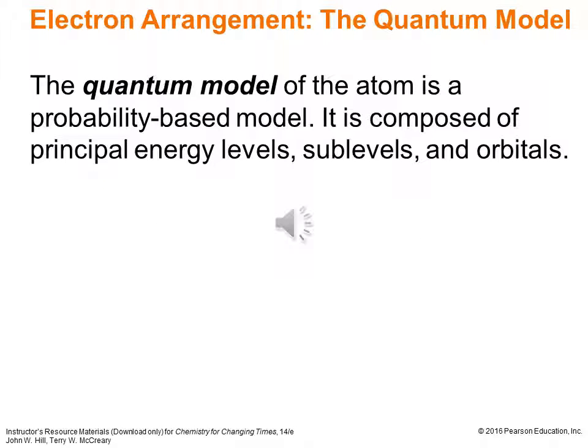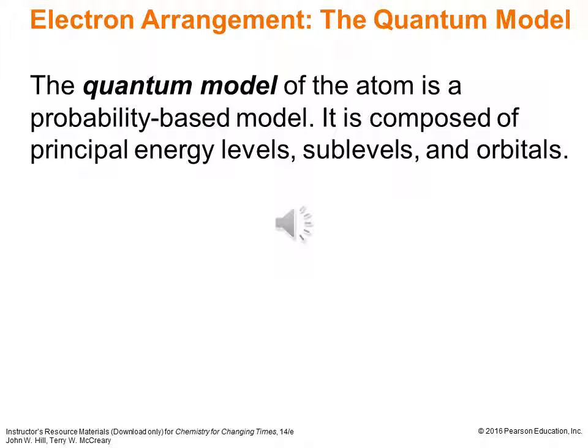So we've talked about the Bohr model because the Bohr model is fairly easy to understand. It's sort of like the solar system, with the nucleus being the sun and then the electrons orbiting around like planets. But that's not quite the case. The model of the atom that's accepted today, the quantum model, is a probability-based model. So it's no longer clearly defined orbits like in the planet and sun analogy.